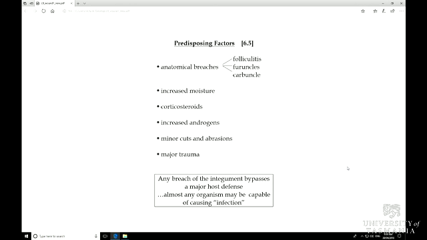Any kind of cut and abrasion makes sense. If there's a hole in your skin, bugs can get in, and then big trauma. And the bigger the trauma is, the more risk of infection and the wider range of possible organisms. If all you have is a minor skin abrasion, Staph aureus, group A strep, that's it.